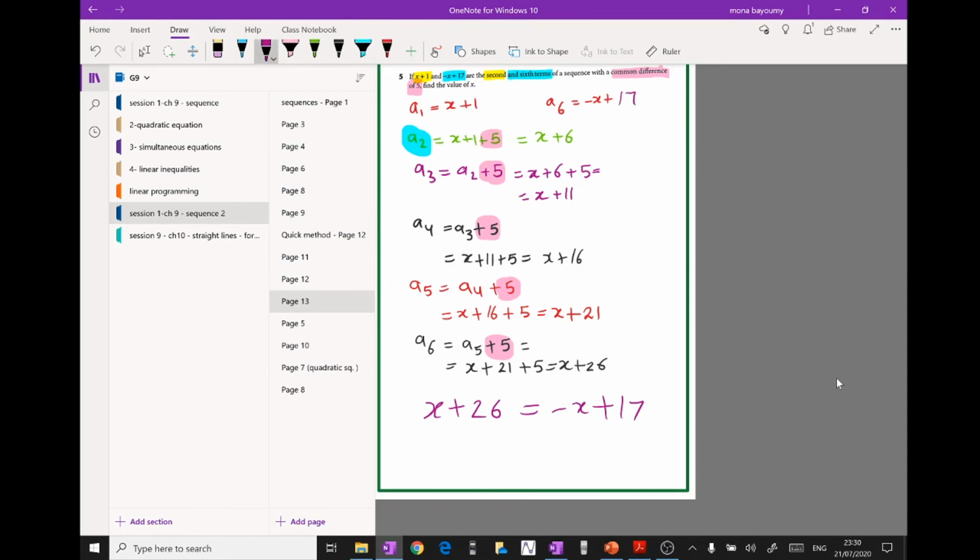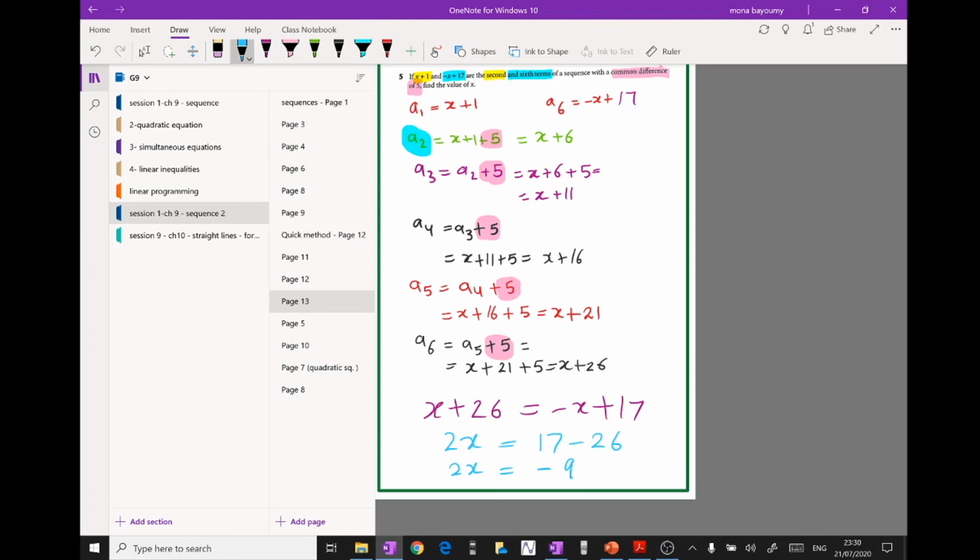Okay, now we will solve the equation. Here x and here negative x, I will change the side, so we have 2x equal 17 minus 26. So 2x is equal to negative 9.